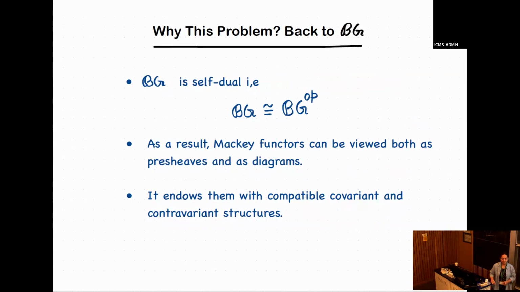The Burnside category has the property of being self-dual, so BG is isomorphic to its opposite category. As a result, Mackey functors can be viewed both as presheaves and diagrams. So they have a contravariant structure as well as a covariant structure, and these two structures are compatible with each other.